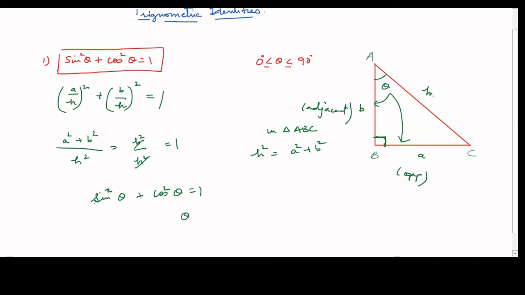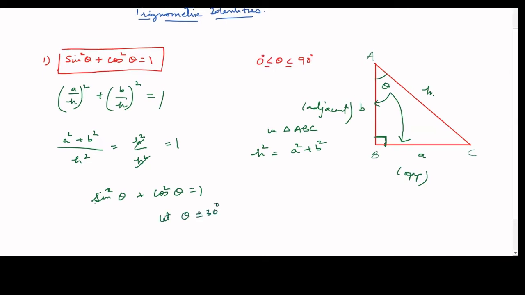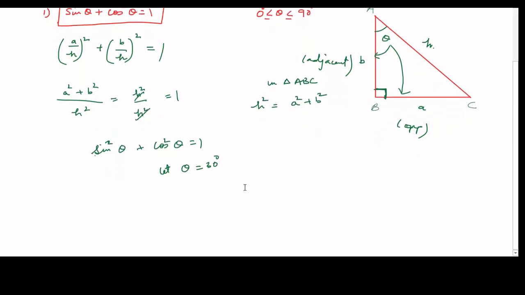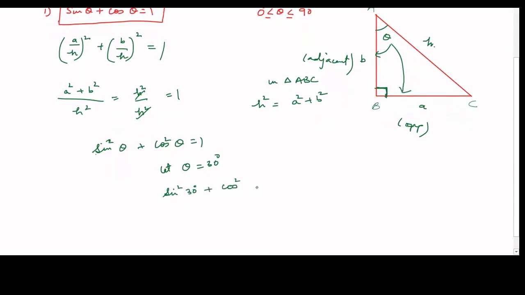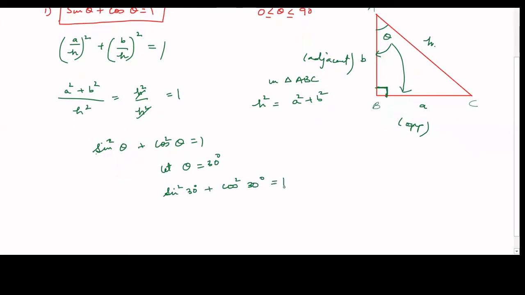So let's put sine squared 30 degrees plus cos squared 30 degrees, which should be equal to 1.